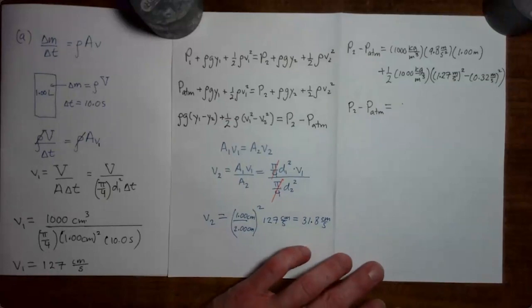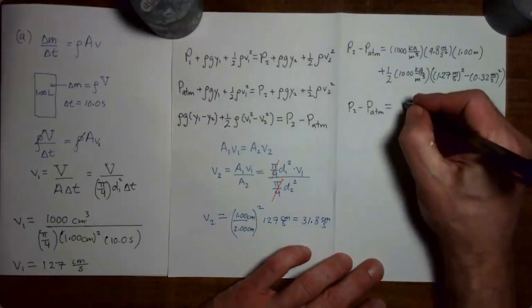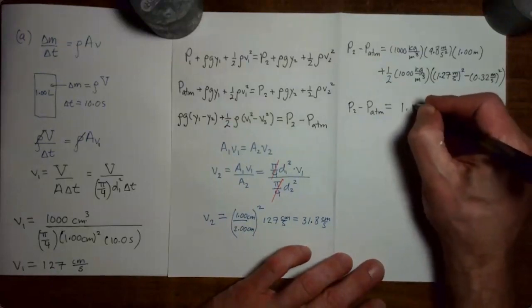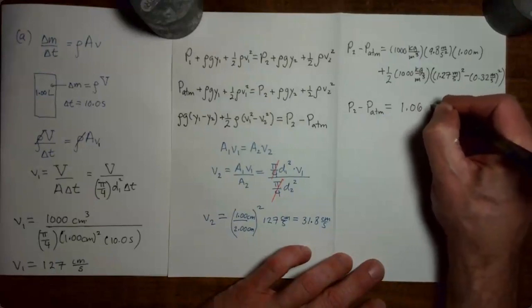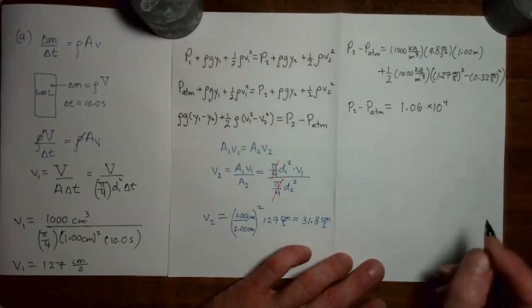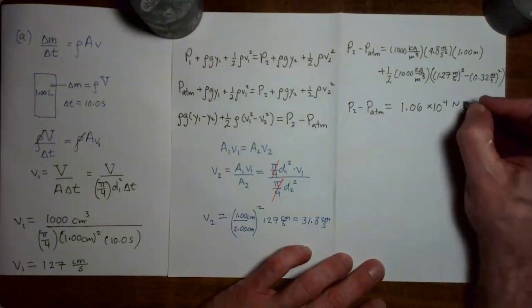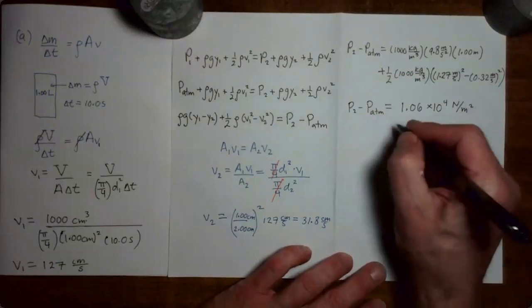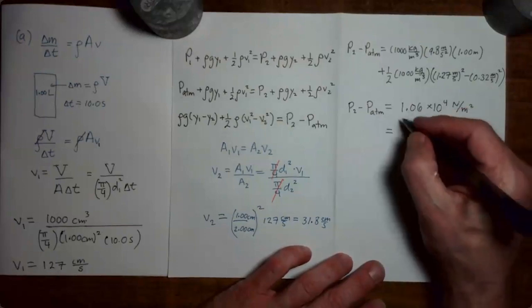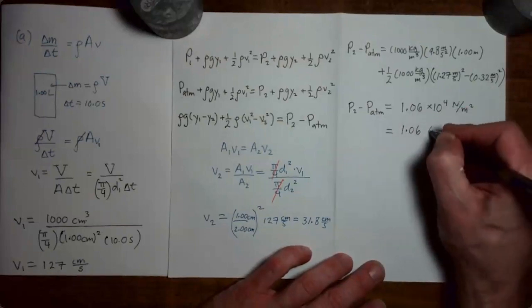Putting everything into my calculator, I get as the numerical value 1.06 times 10 to the 4, and I'm going to leave it as an exercise to check that the unit here comes out to be newtons per square meter, but newtons per square meter is also pascals.